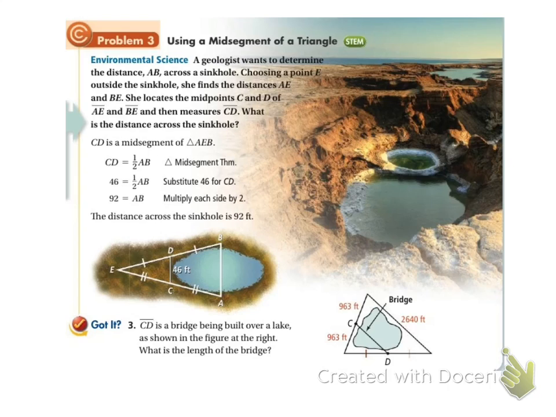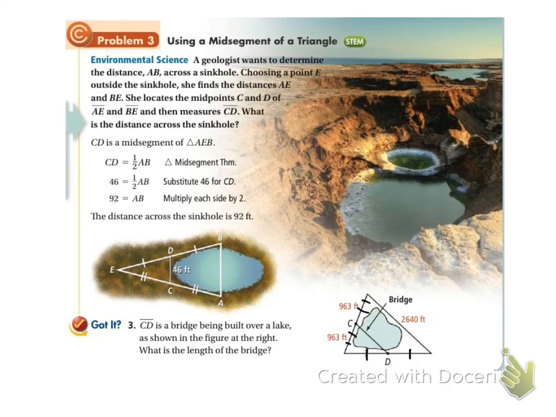Okay, well, I am shown, if you look over on this side, that this bit is 963 and this bit is 963. So that makes C the midpoint. Right? And over here, these each have one hash. So CD is the midsegment.